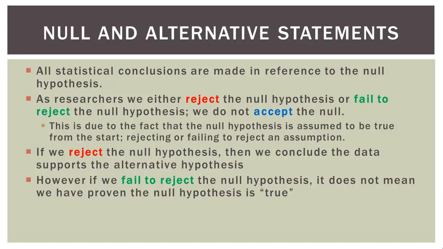I don't like those words very much. So think of support, fail to support, and things like that. So if we reject the null hypothesis, we conclude the data supports the alternative. If we fail to reject the null hypothesis, it does not necessarily mean we have proven the null hypothesis is true.